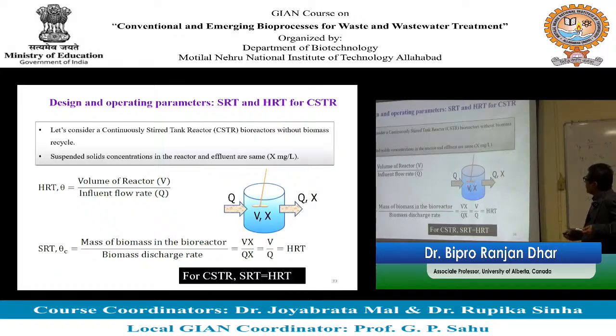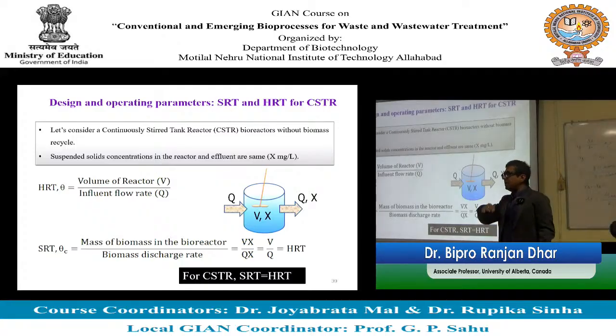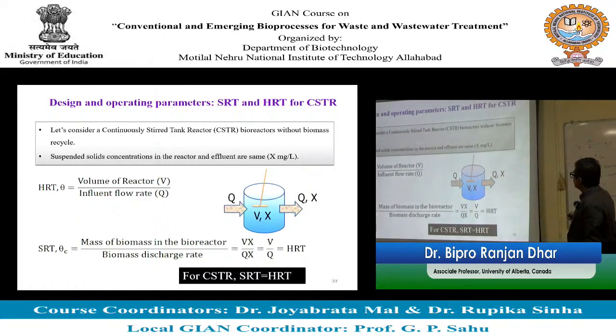Okay. And for a CSTR reactor, the flow rate in and out is going to be the same, and it's a completely mixed system. So biomass concentration inside the reactor and in the effluent is going to be the same, right? So X biomass concentration and in the effluent it's going to be the same. So now if I look into the equation for SRT, mass of biomass in the bioreactor is volume multiplied by concentration.